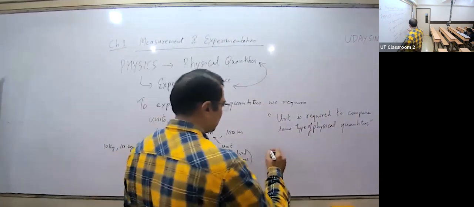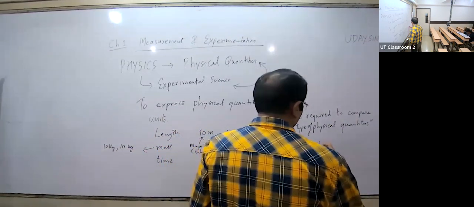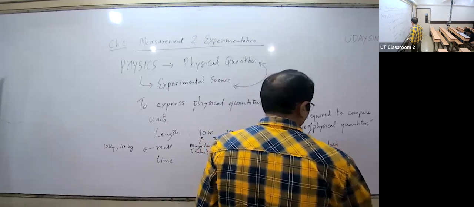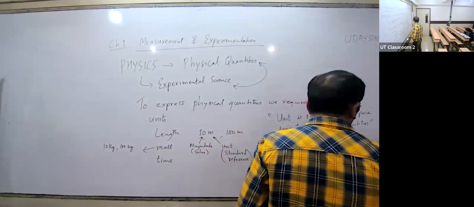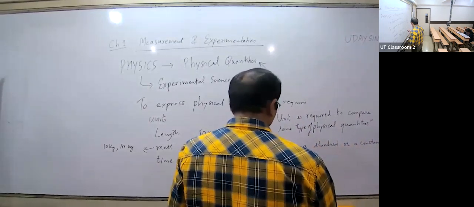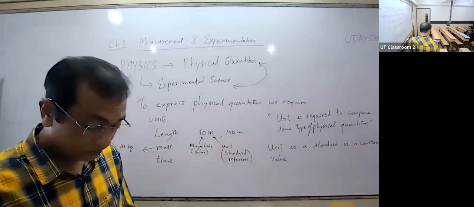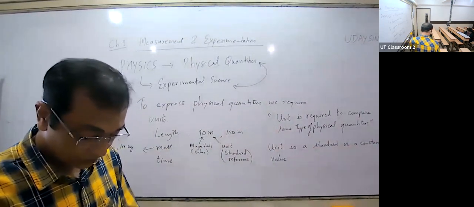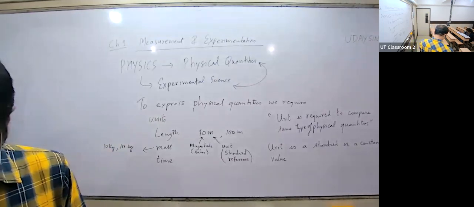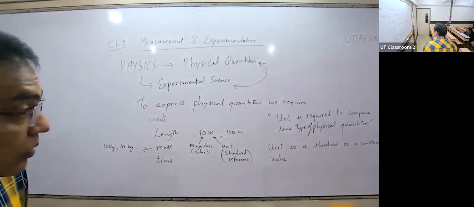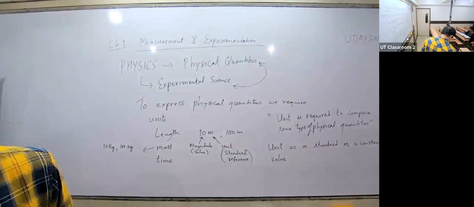Okay, so then what is a unit? The exact definition: it is the quantity of a constant magnitude which is used to measure the magnitude of given quantities of the same kind.